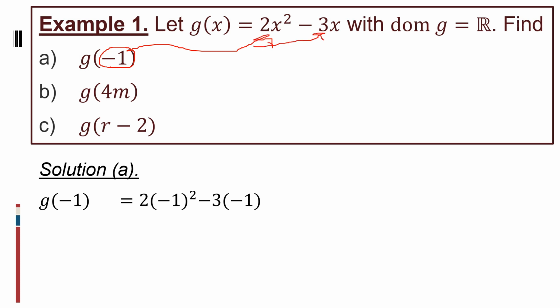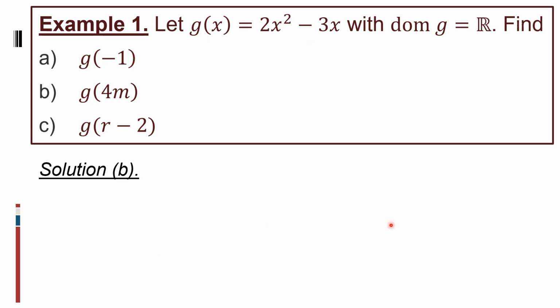So that becomes 2 times negative 1 squared minus 3 times negative 1. Or that is now 2 times 1 minus 3 times negative 1. If we multiply, that is 2 plus 3 or 5. The same is true with g of 4m. So we will replace x with 4m.